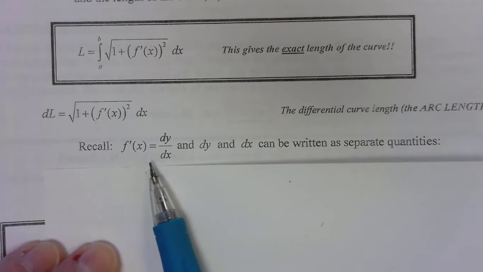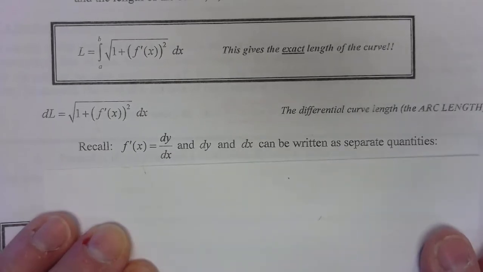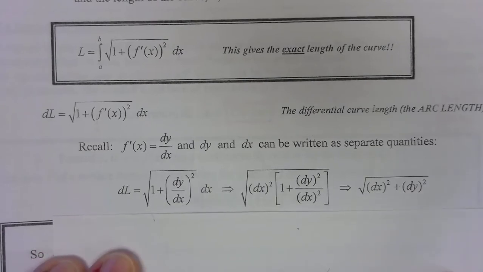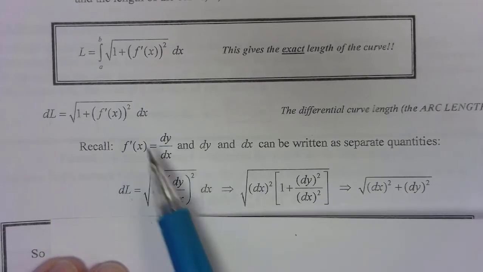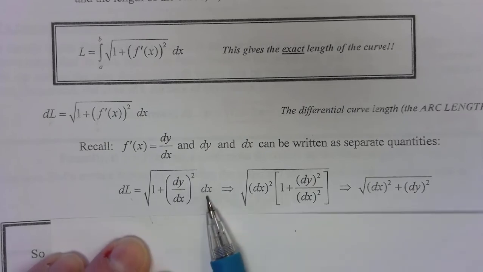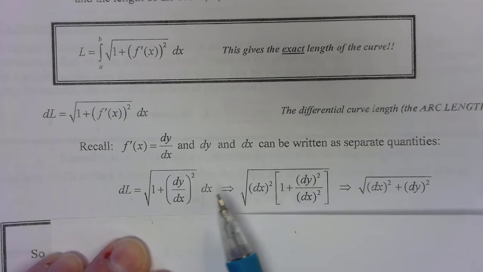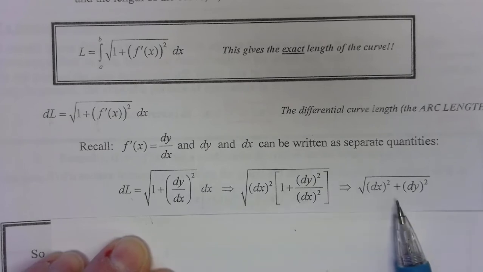Let's remember, f prime of x is dy dx. dy and dx can be written as separate quantities. So our dl is the square root of 1 plus dy dx, the quantity squared, dx. And we know that this dx outside of the square root was dx squared under the radical. And when we distribute, we get the square root of dx squared plus dy squared.